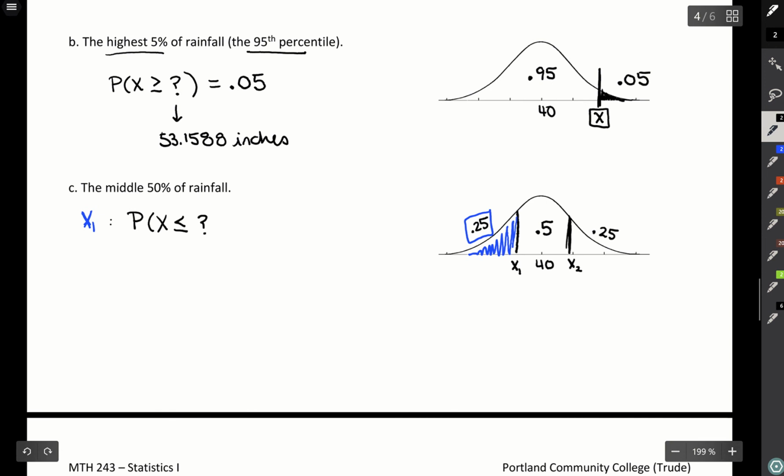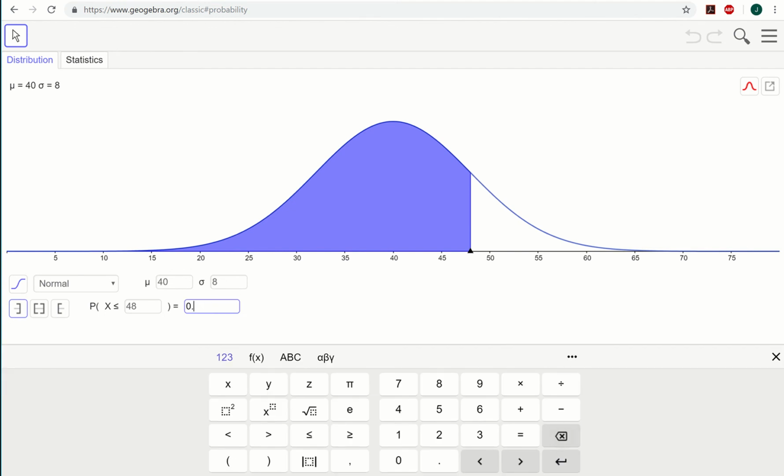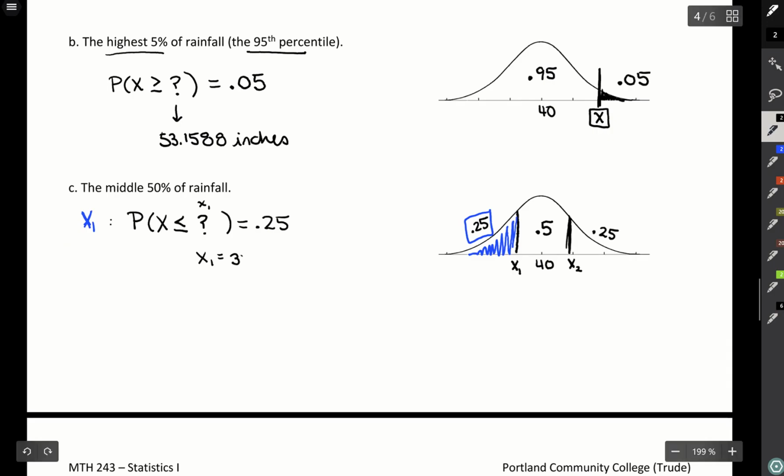And then we don't know what, that's going to be our x1 value, but we know that area to the left has to be 0.25. So doing this in GeoGebra is going to give us our first x value. So with our distribution, area to the left, and we need to make that area 0.25. And that's 34.6041. So that's how we can get that first x value.